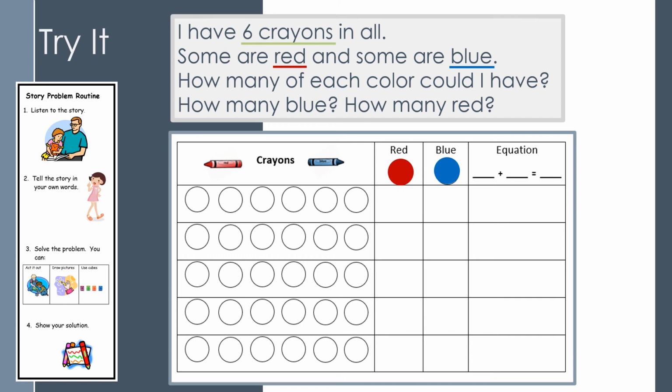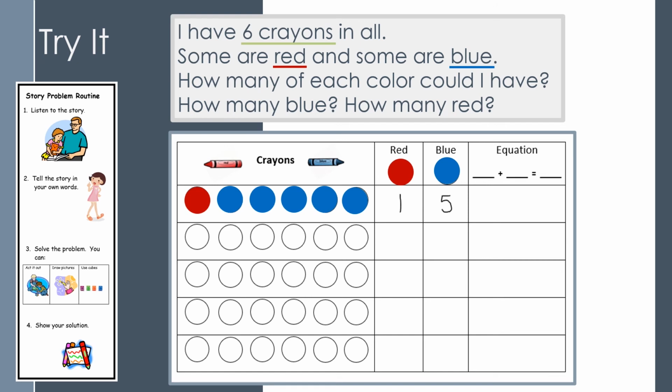Let's try and find a possible answer together. We can color the counters to help us solve and then write the numbers and equation to show our combination. If we start with just one red crayon and make the rest of the crayons blue, how many blue will that be?